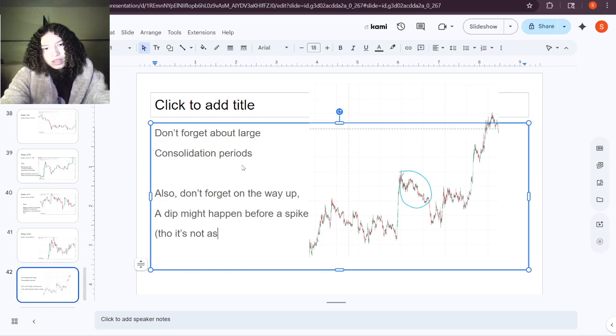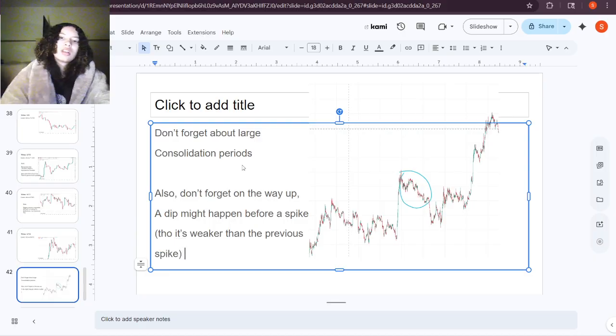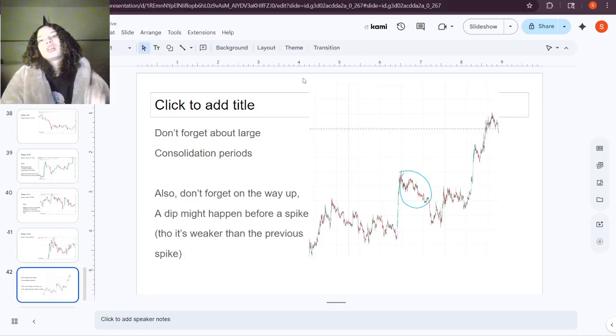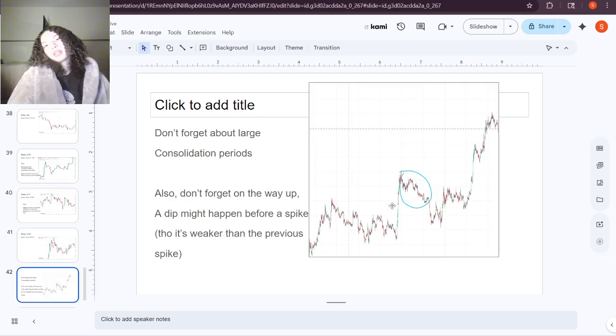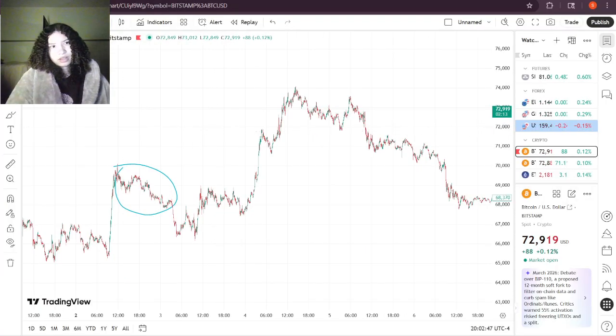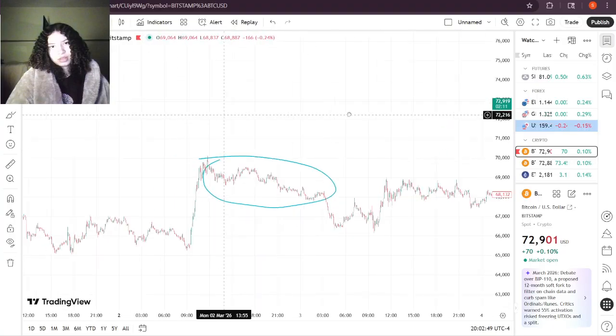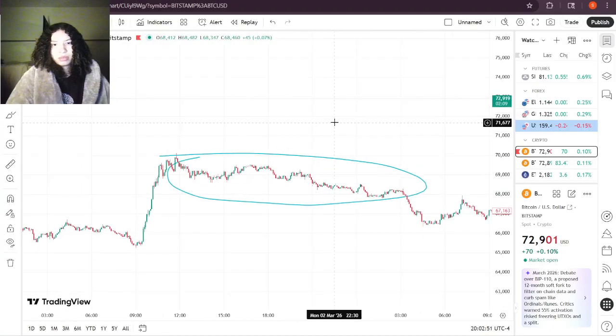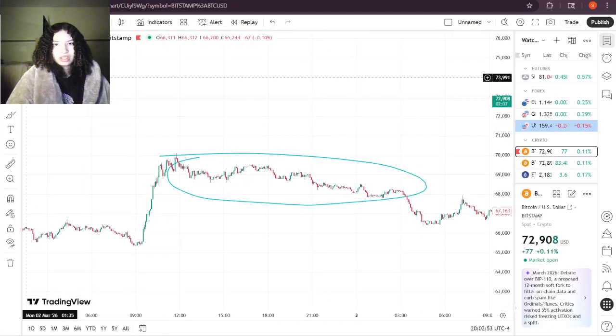Though it's weaker than the previous spike. So I guess what I did here, my mistake was I completely forgot about the consolidation period, and where it would go from there is easily predictable. And also it's pretty long. Long consolidation period.